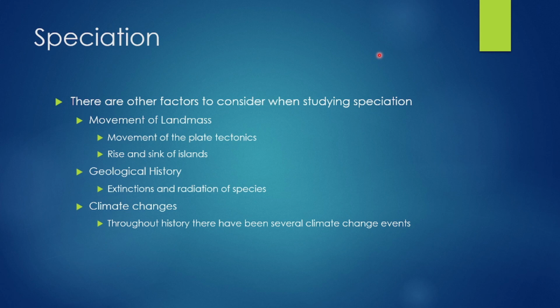These extreme fluctuations in temperature would drive speciation and extinction rates of several organisms. So there would be organisms that would survive the ice age and then flourish after the ice has melted, and so on.